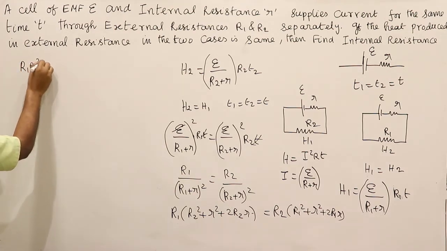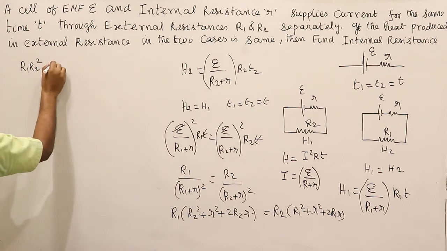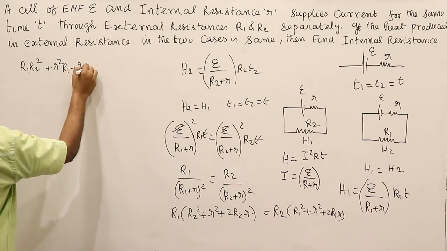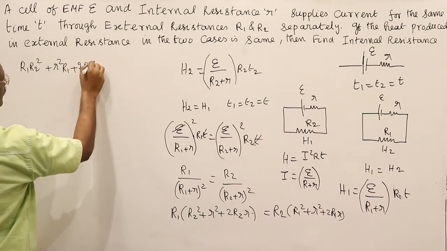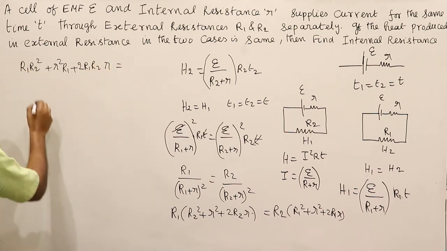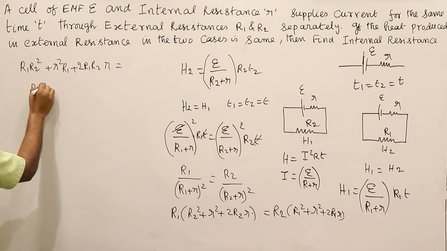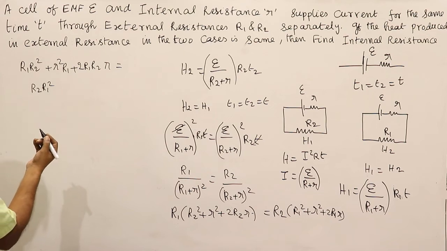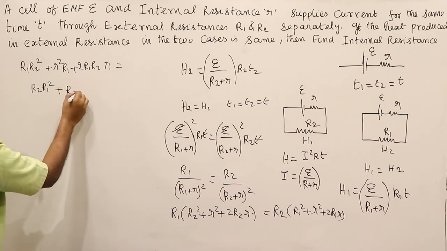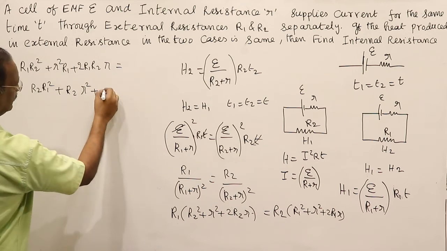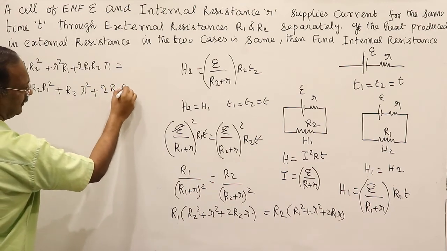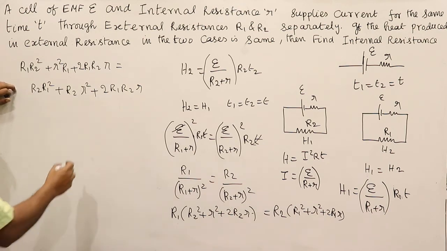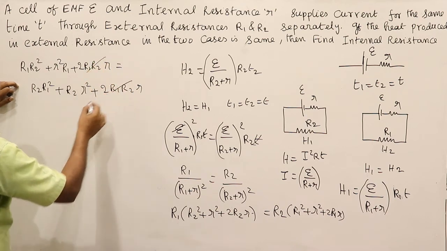Adding this out, R1 R2 square plus R square R1 plus 2 R1 R2 R is equal to R2 R1 square plus R2 R square plus 2 R1 R2 R. Now we have to separate out the terms. The 2 R1 R2 R terms get cancelled.